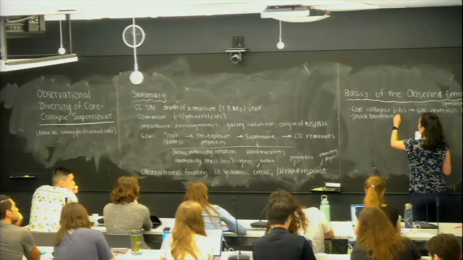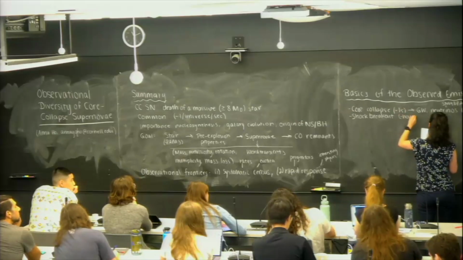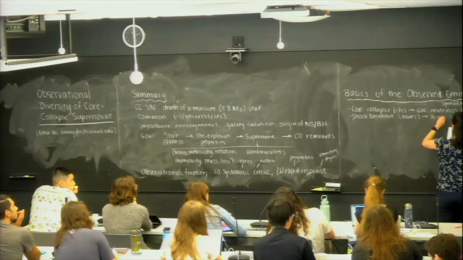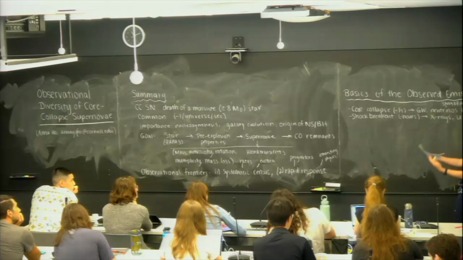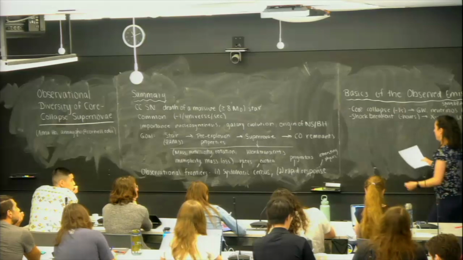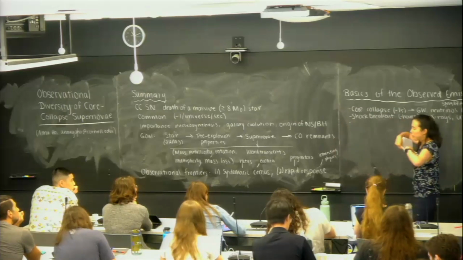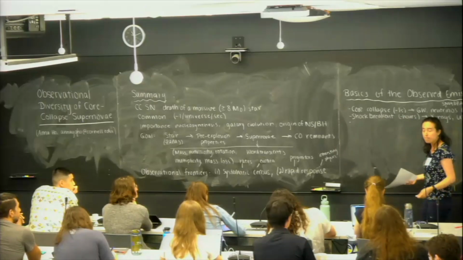And the length of this depends on the progenitor. I'm going to say maybe hours. You might see a burst of X-rays. Maybe you see a burst of UV if your progenitor is very large. All right, so now the initial photons have escaped.